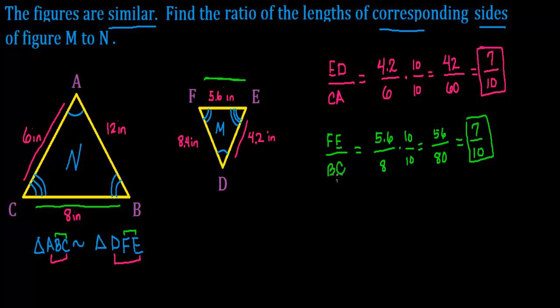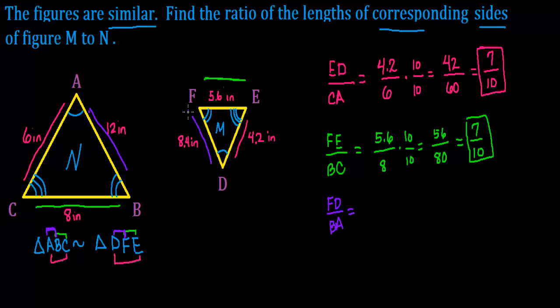And guess what? When we do our last side here, which is side FD, FD corresponds with who? Well, we go to the order of our letters. Here's FD right here, the first and second letter, so that would correspond with BA, which is the first and second letter. Here it is, BA. So FD corresponds to BA.